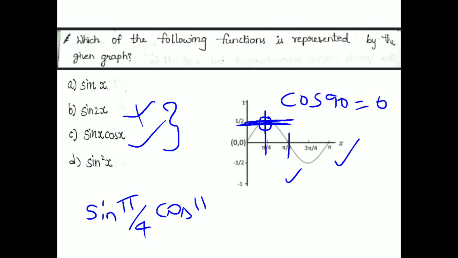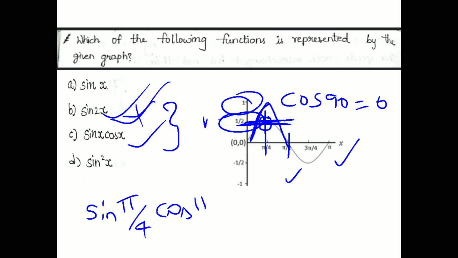If the graph was like that and the maximum were 1, then obviously the answer would be sin 2x, because sin 2 into pi by 4 is sin 90, that is 1. So this is what we need to observe mainly. If we just think this is 1 and stick to sin 2x, we may lose the answer.